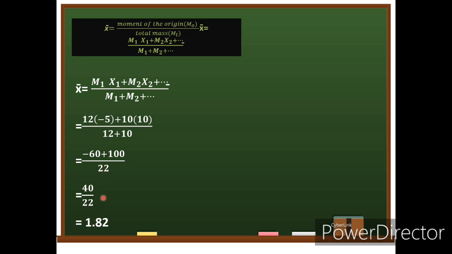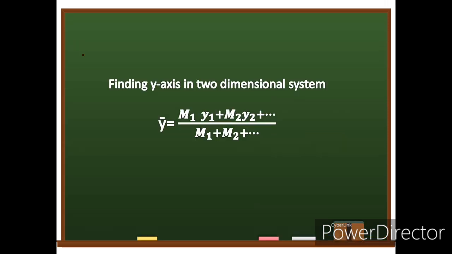So our centroid, or the fulcrum of the mass, is located at 1.82. So redraw. This is the illustration of the seesaw in balance.